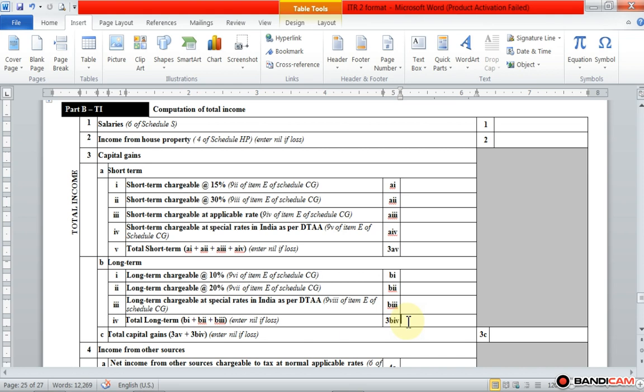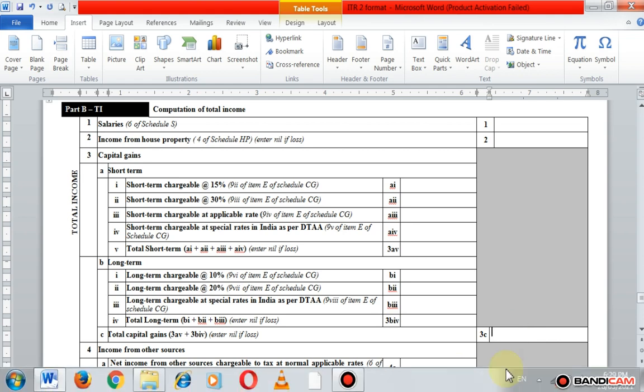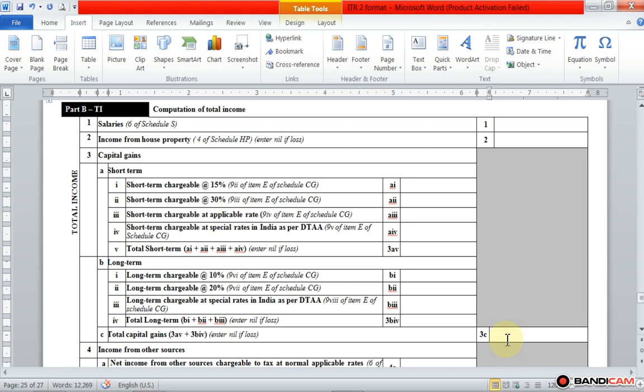Then we make a total capital gain, that is 3A5 plus 3B4, and put the total in the 3C column. In the 3C column we get the total capital gain.